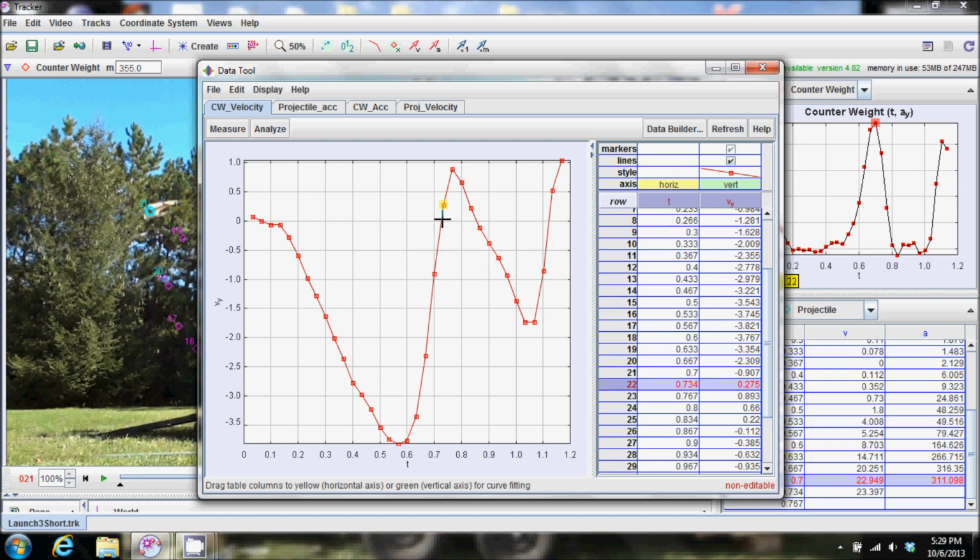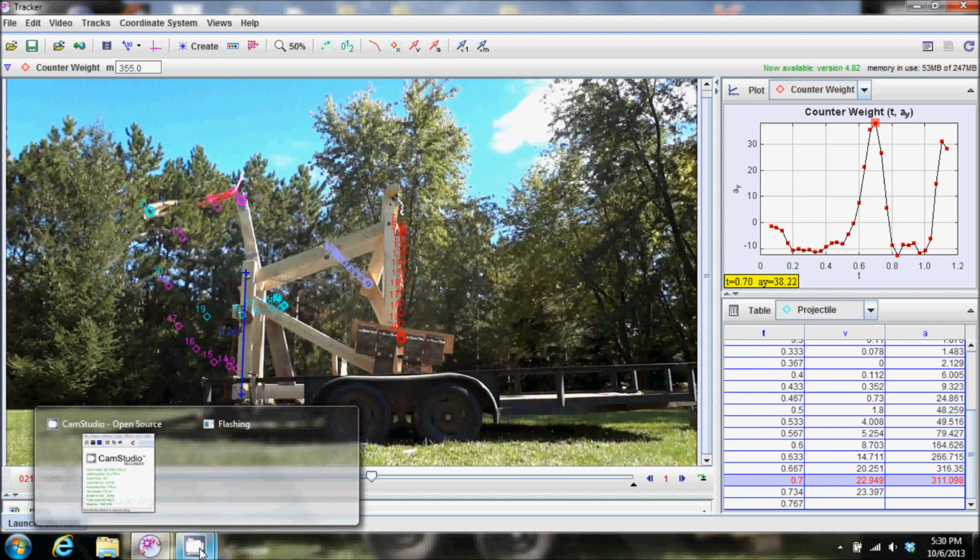Now, the counterweight does gain a slight upward velocity, which means we're lifting it, which we don't want. That's stealing energy from our projectile. But that can be fixed with tuning. A lot of people talk about wanting a counterweight stall, but not many machine designs allow you to receive that.